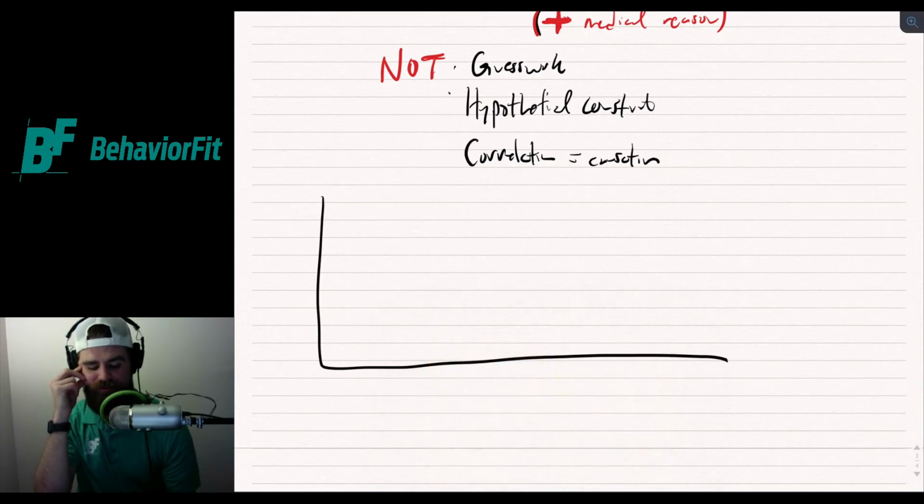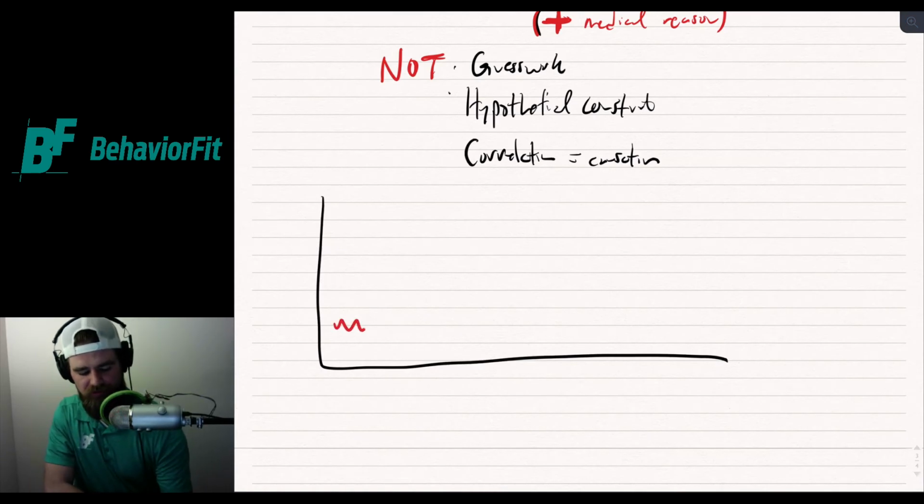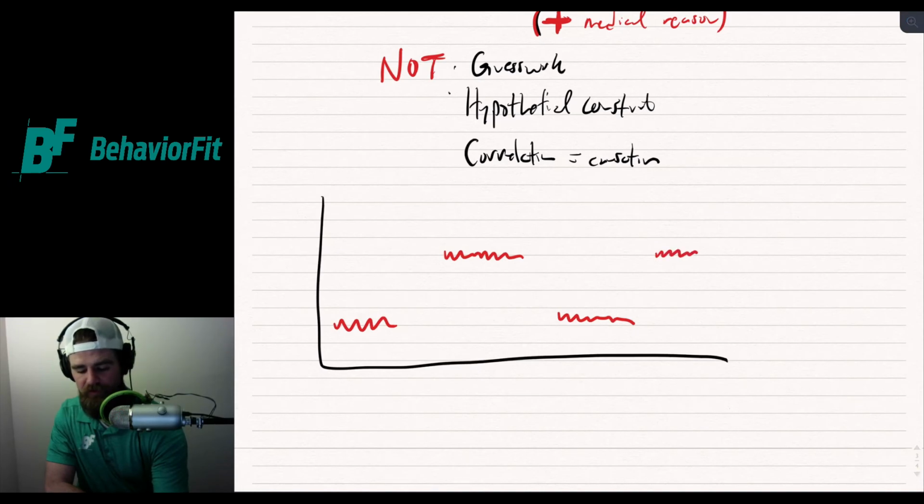So if we look at the XY chart again, this is the real world, not research here. We have that baseline, and then say we have our running buddy. We move up here. The weekly miles increase, and then let's say the running buddy goes away, and miles go down, and then the running buddy comes back, and the miles go back up.